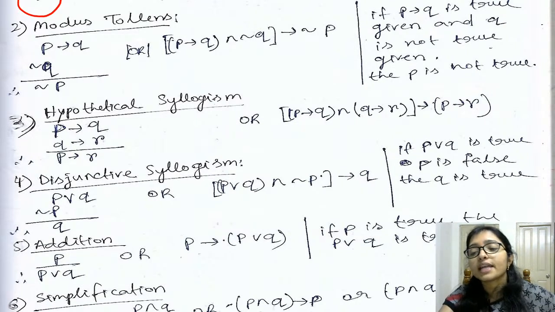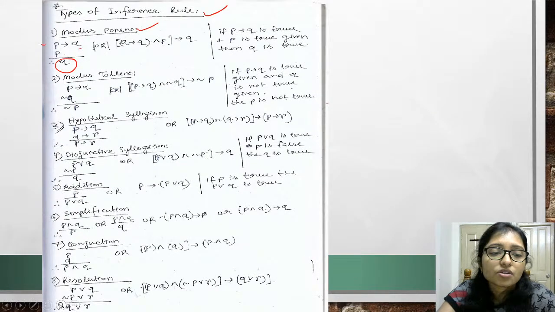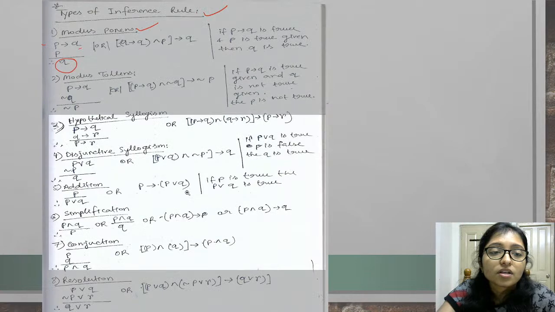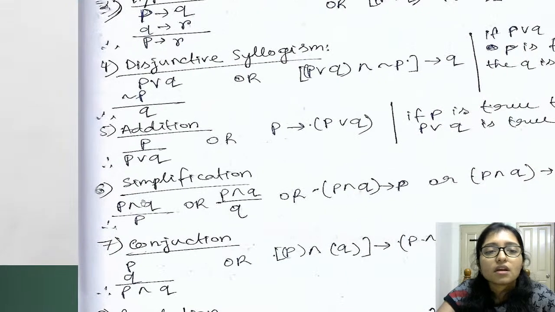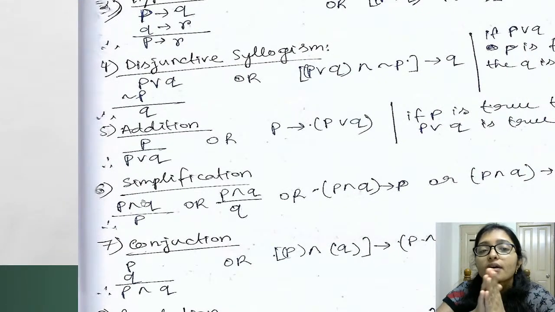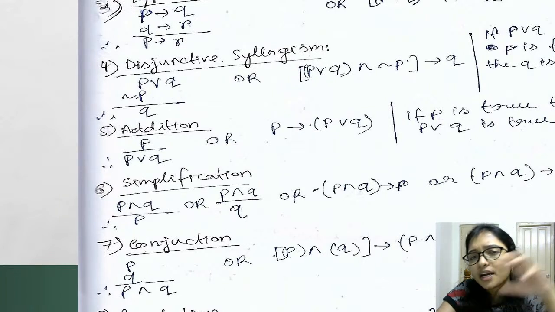Now these are the names of the rules. Disjunctive syllogism is P or Q and not P is given, then Q. Okay, and addition: P is given, then P or R. Don't try to learn the formulas, there is no need to learn them.